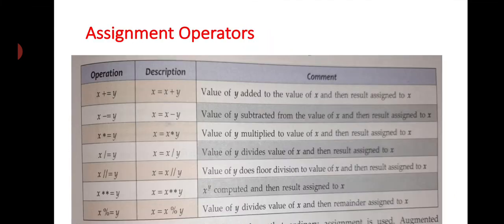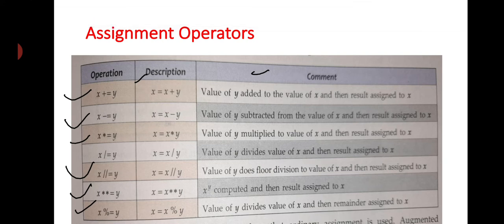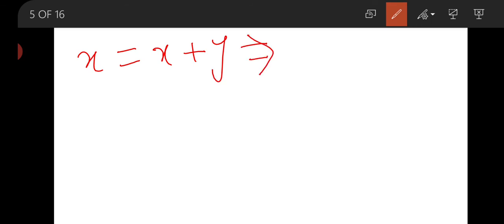Now our next operator is the assignment operator. The assignment operator is used to assign a value to a variable. Here you can see some assignment operations, with their description and the definition or meaning of each operator. Suppose we write x equal to x plus y; this can also be written as x plus equal to y.